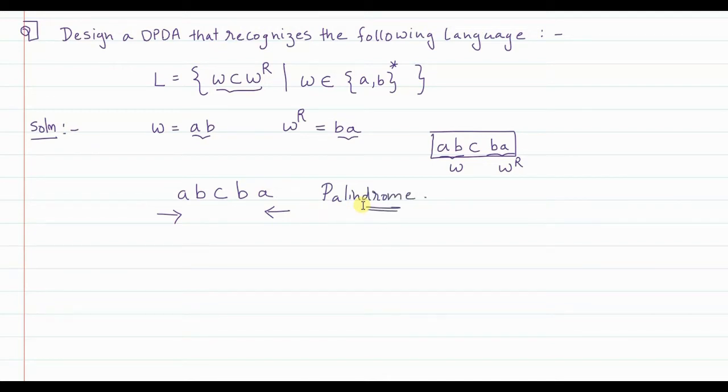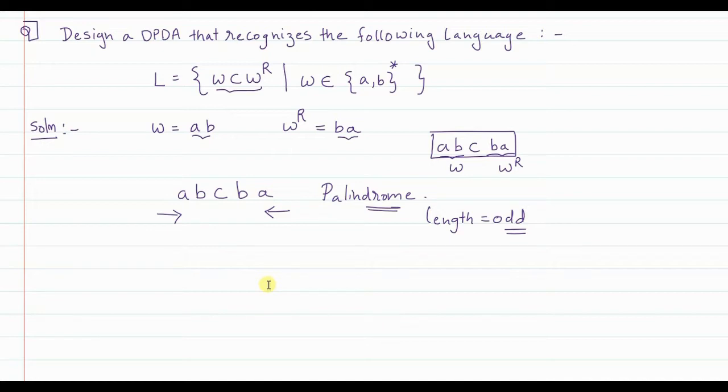Now carefully observe, when you count the length of this string, it is 1 2 3 4 5. The length of the string is odd. So these kind of palindromes are called odd length palindromes.